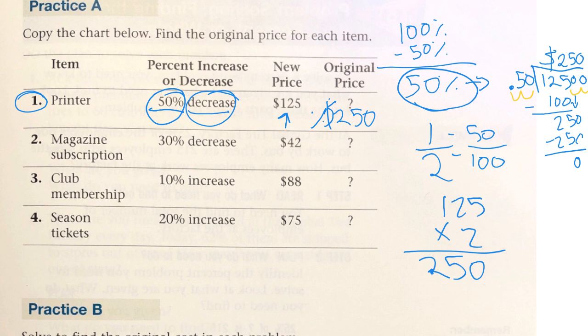So step one, we're going to find that percent of decrease by subtracting the percent decrease from 100%. Then you're going to turn that percent into a decimal that divides into the part, and the answer to that division problem is the whole.